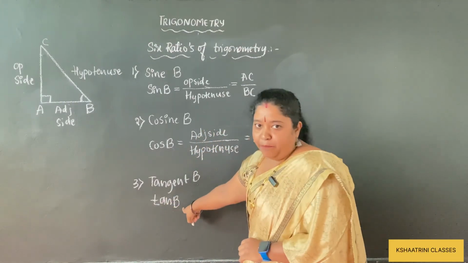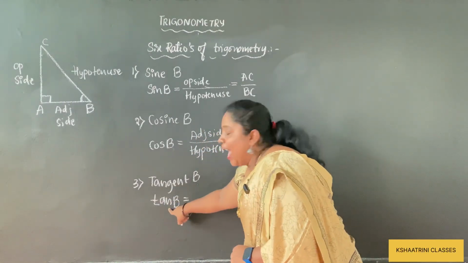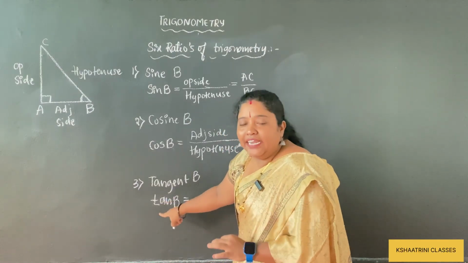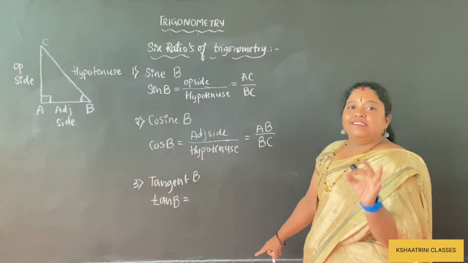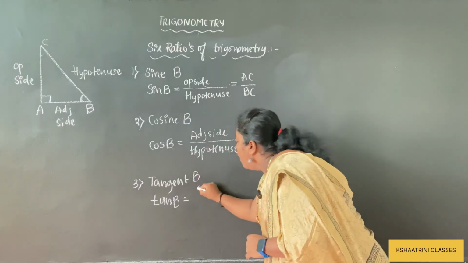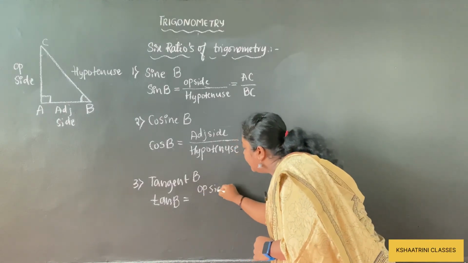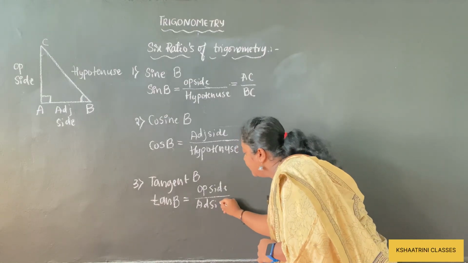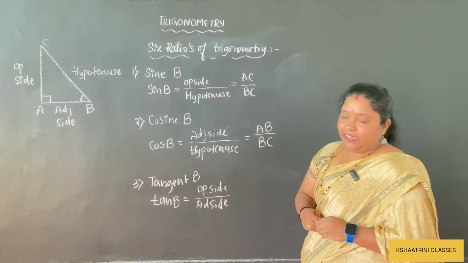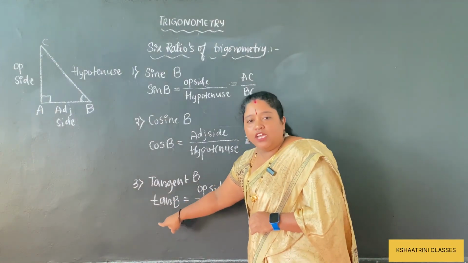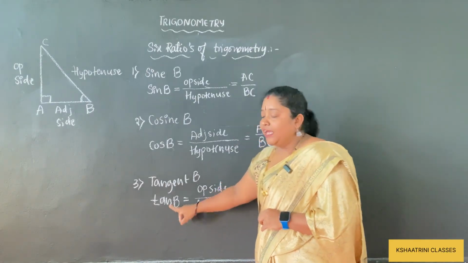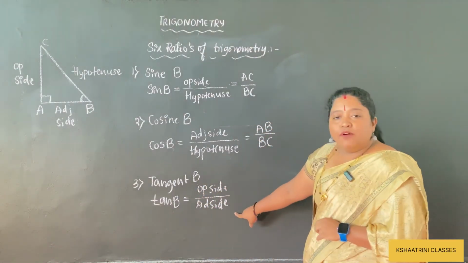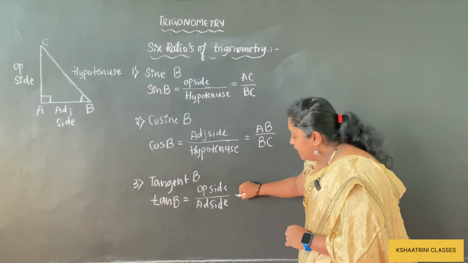Tan B of any acute angle is given by the ratio of opposite side to adjacent side.